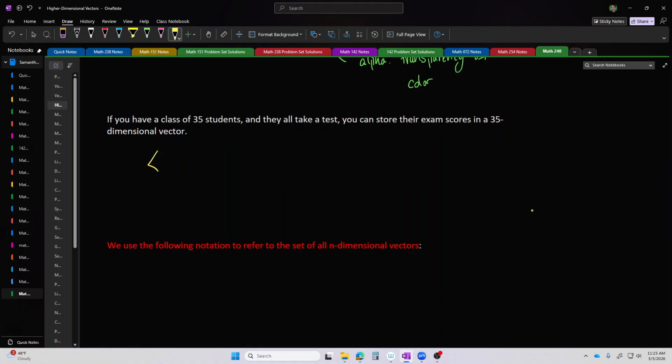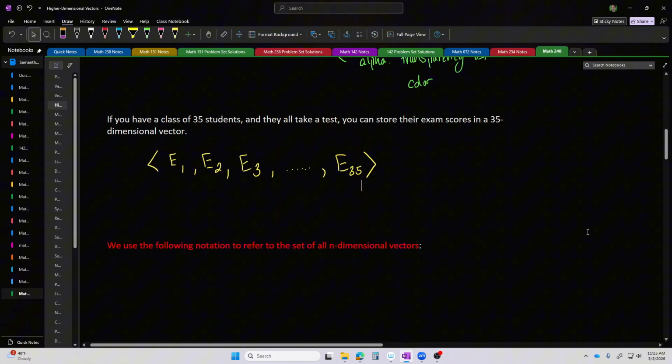So exam score of student 1, exam score of student 2, exam score of student 3, and so on and so forth until you get to exam score of student 35. And this would be the 35-dimensional vector used to store the data about the exam scores that these students got.